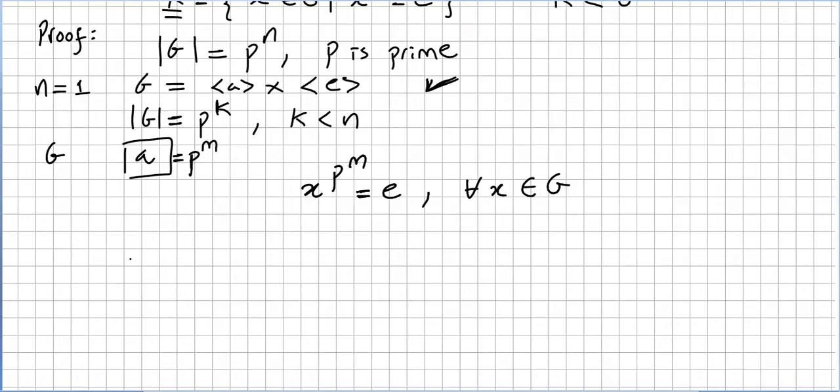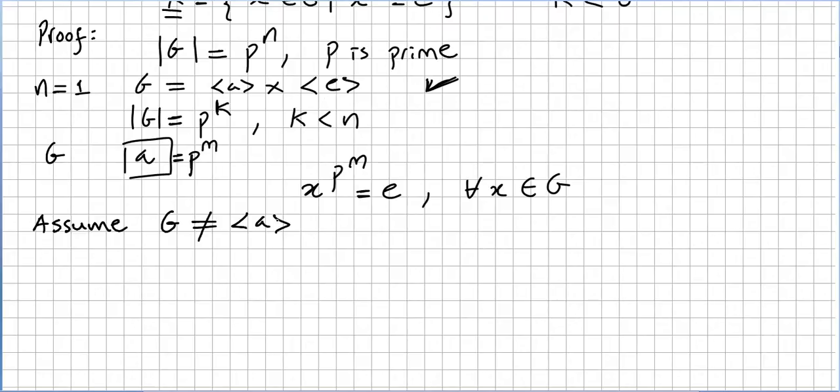Okay, let us assume now that G is not generated by A. Because if G is generated by A, it is over.